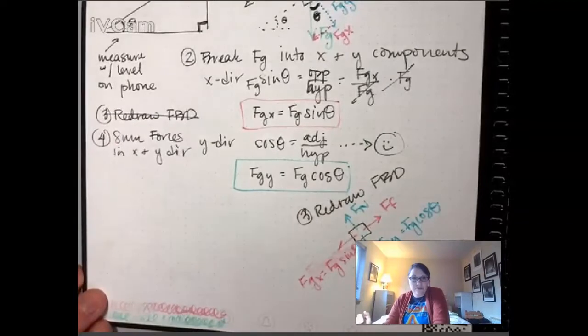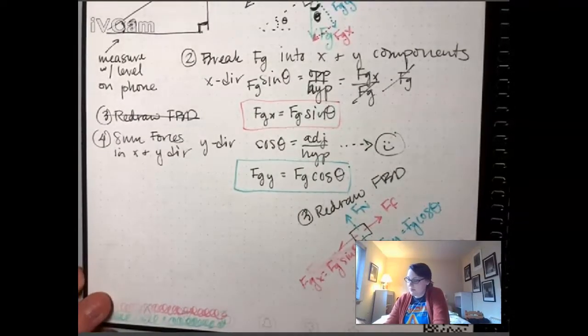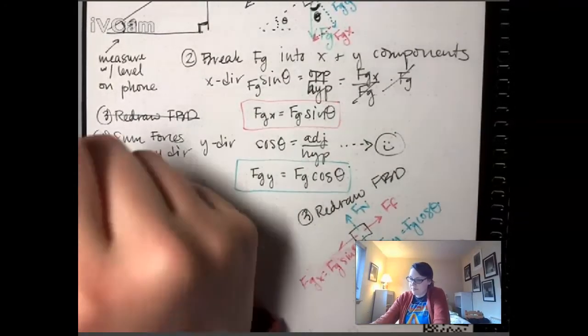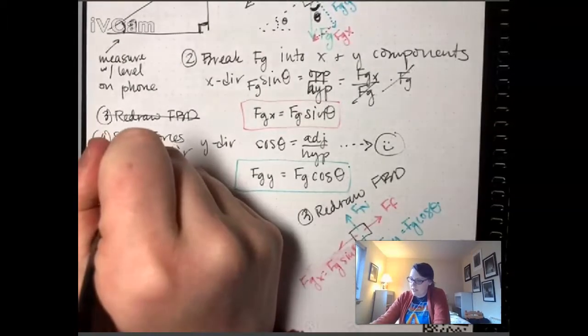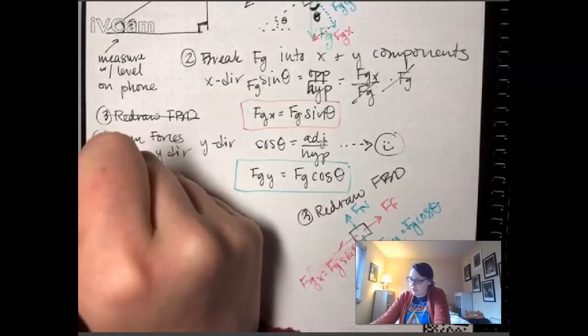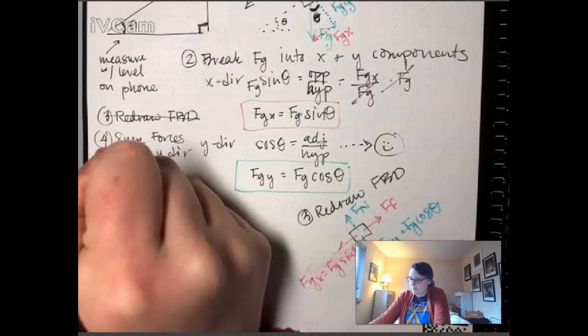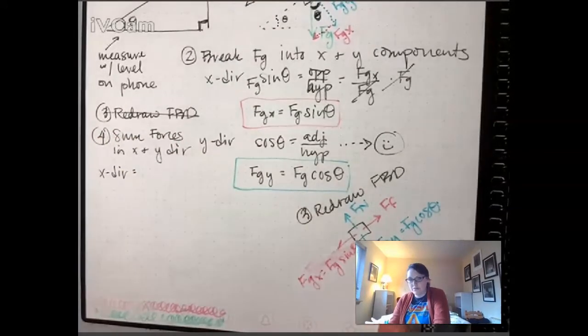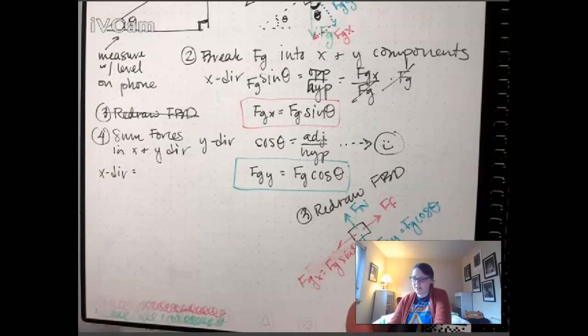So you can do this on your diagram. You can do this in a table. Sometimes it's helpful to make a list. Okay. So in the x direction, I'm going to make sure that I pay attention to that I have these things in opposite directions, but I'm not going to put negatives in front of things because I'm going to let those values take care of themselves.